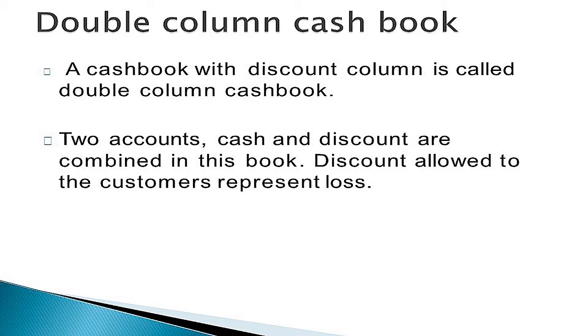Two accounts, cash and discount, are combined in this book. Discount allowed to the customer represents a loss. Discount received from the suppliers is a gain. Losses are debit, discount allowed is debit, and gains are credit, discount received is credit.